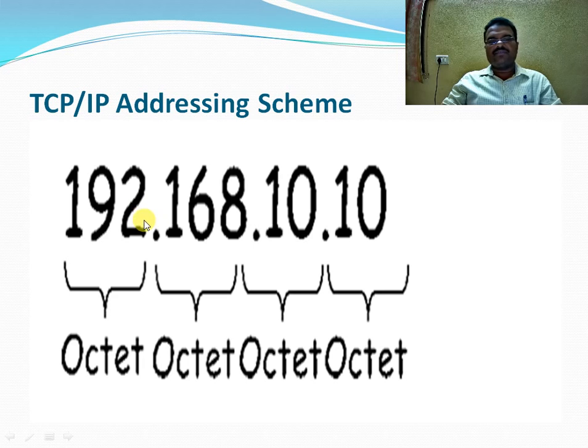So here we can see one TCP/IP address, 192.168.10.10. These are 4 sets: 192 is an octet, 168 is an octet, 10 is an octet, and again 10 is an octet. So the 32-bit address is represented in this form, and this is called dotted decimal format.